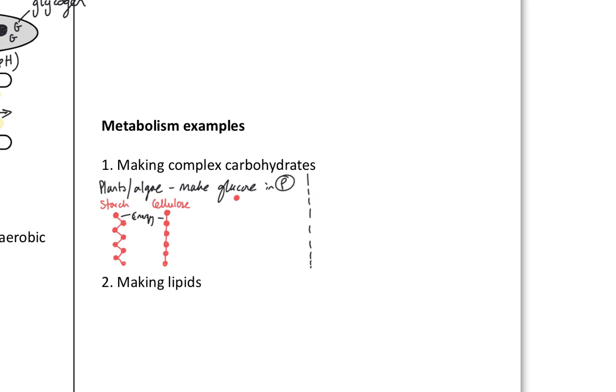Okay, and then let's do animals. We don't make glucose; we get it from our diet. I eat starch and I get glucose. So we gain glucose from diet. I don't make it. I can actually make it from fat when I'm in desperation.